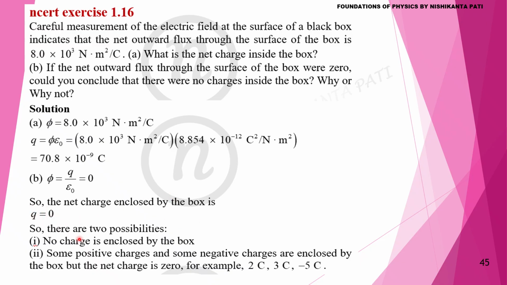With enclosed charge 0, there are two possibilities. Either no charge is enclosed by the box, meaning inside the box you will not find any charge. Or another possibility: inside the box some positive charges are present and some negative charges are present, but the net charge is 0.